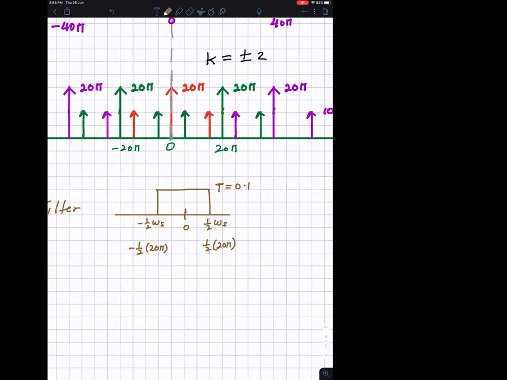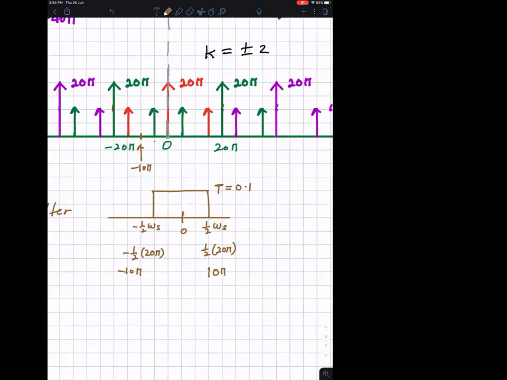So that's going to be minus 10 pi to plus 10 pi. That is the cutoff frequency of the filter. So 10 pi, this is 5. So 10 pi is here, minus 10 pi, and then plus 10 pi is here.